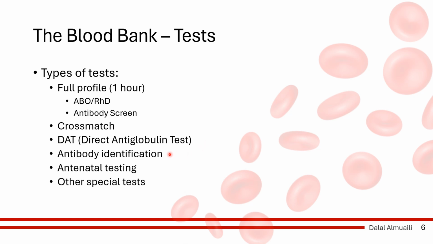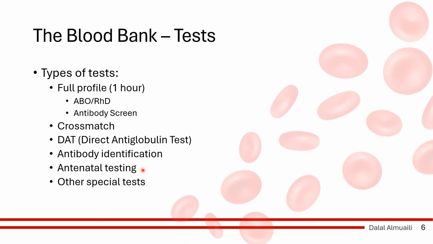The antibody identification, as we said earlier, identifies the specificity of the antibodies, and it's only performed if the antibody screen is positive. Antenatal testing is required for every pregnant woman during her first trimester, and it is performed to figure out if the pregnant woman has any antibodies in her circulation, and her blood type and her RHD phenotype.